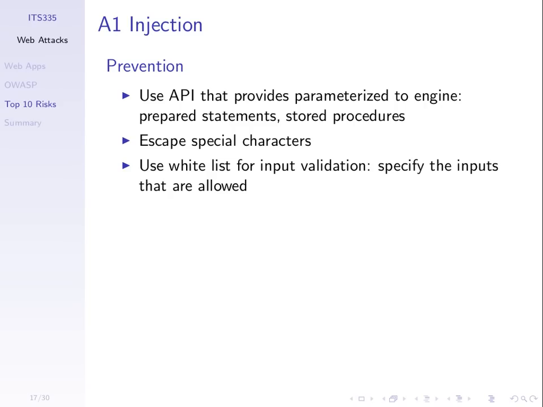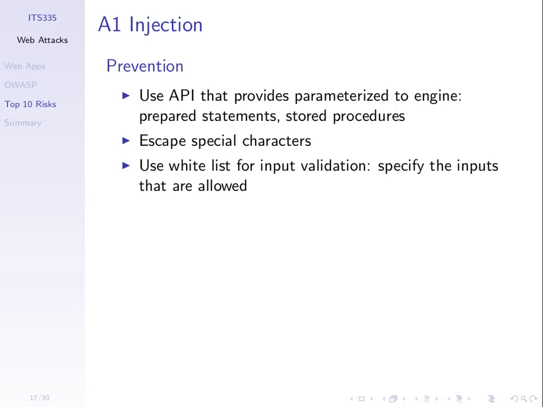Whitelisting or input validation. When there's some input from some untrusted source, so with respect to the server, anything that the user submits can be considered untrusted. Therefore, validate it. Check if this input is appropriate or not. So you can have a whitelist that says the only possible course codes are these 50 course codes for SIT.